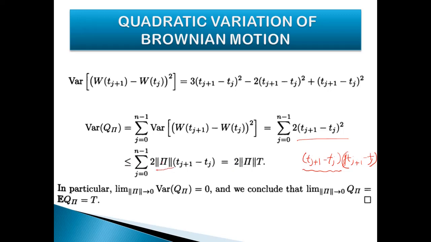This is less than or equal to 2 norm pi times T. In particular, if norm pi tends to 0, this part goes to 0, so the variance of Q_pi is 0. That means probabilistically, the limit as norm pi tends to 0 of Q_pi is the expectation of Q_pi, equal to T. That's why we say the quadratic variation is equal to T.